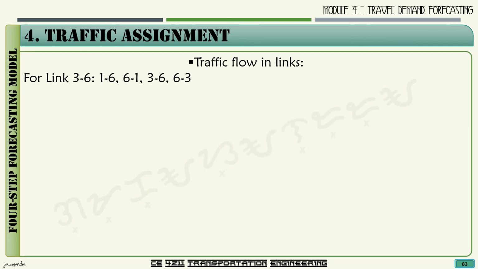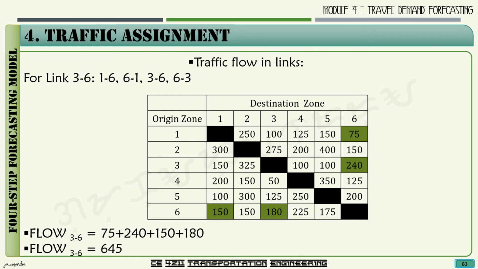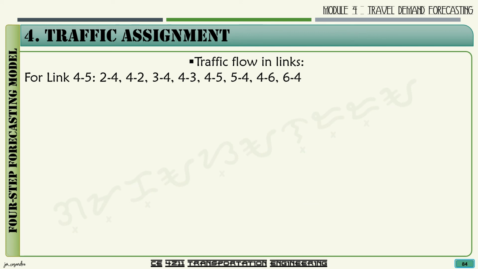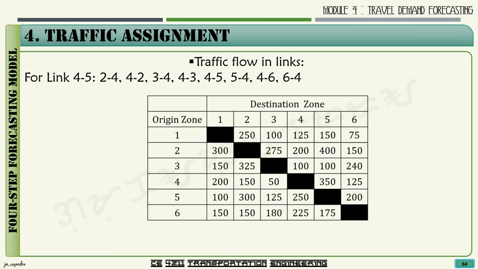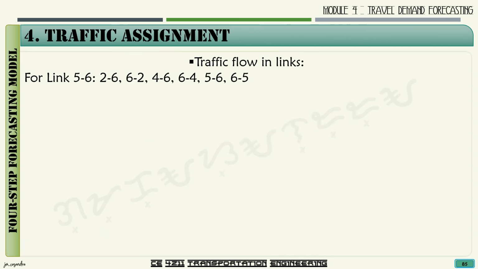And then for link 3 to 6, we'll have 1, 6, 6, 1 and 3, 6, 6, 3, giving us a total flow for route 3 to 6 of 645. And then for link 4 to 5, we have 2, 4, 4, 2, 3, 4, 4, 3, 4, 5, 5, 4, and 4, 6, 6, 4, giving us a total flow for route 4 to 5 of 1,450.